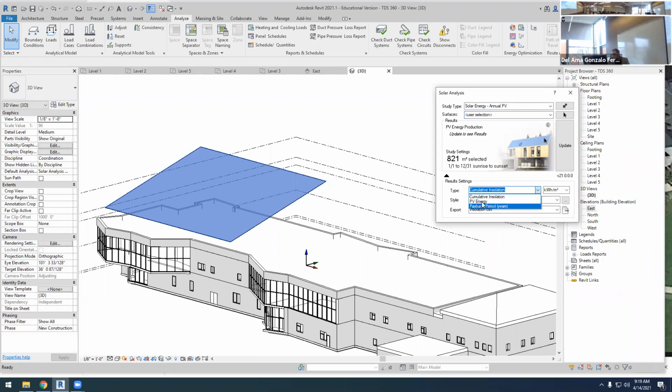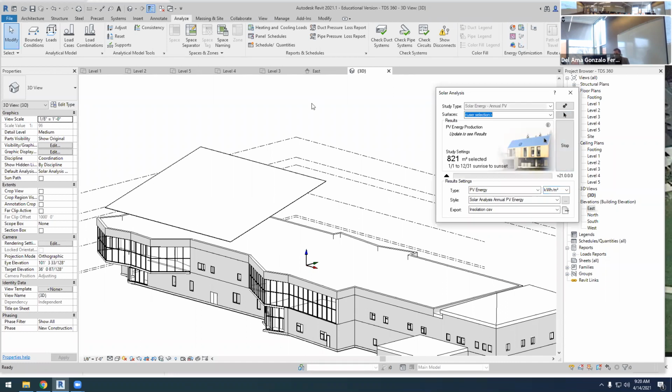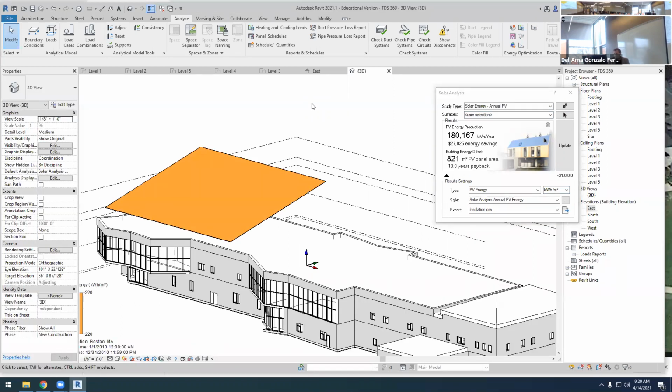Cumulative insolation. I want PV energy. I want kilowatt hours, because the PV, we have to compare, and the PV outcome is always in kilowatt hours. Solar analysis annual. Okay, so we can update. So this is the total.